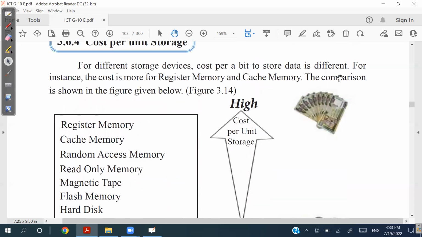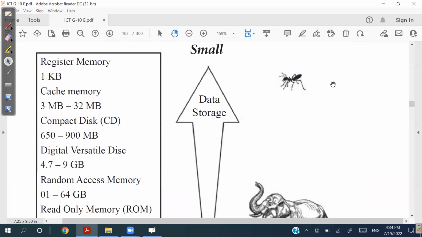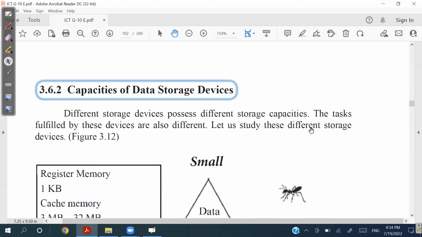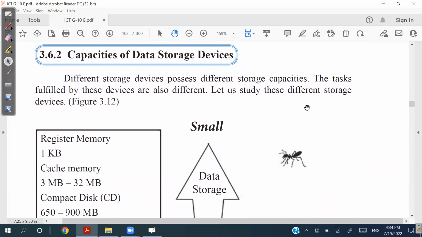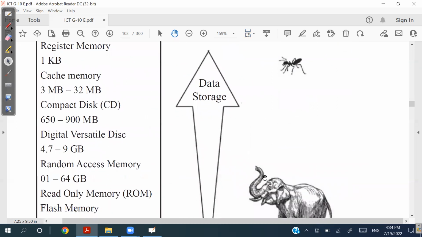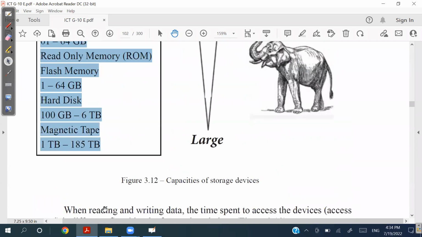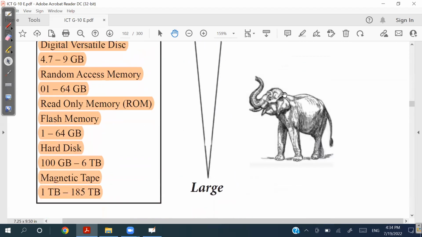Right, so regarding the writings, we'll write it like this. You can have these capacities of data storage, and you can copy the list. You don't need to draw these elephants and ants.